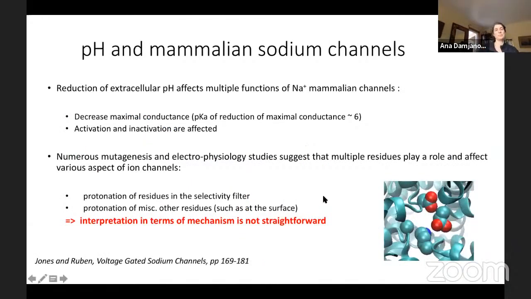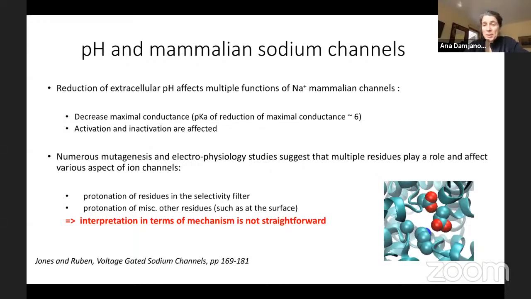So pH actually influences these mammalian sodium channels. So it is known that reduction of extracellular pH affects multiple functions. So it decreases maximum conductance with a pK of about 6. And then it also affects activation and inactivation of the channel.